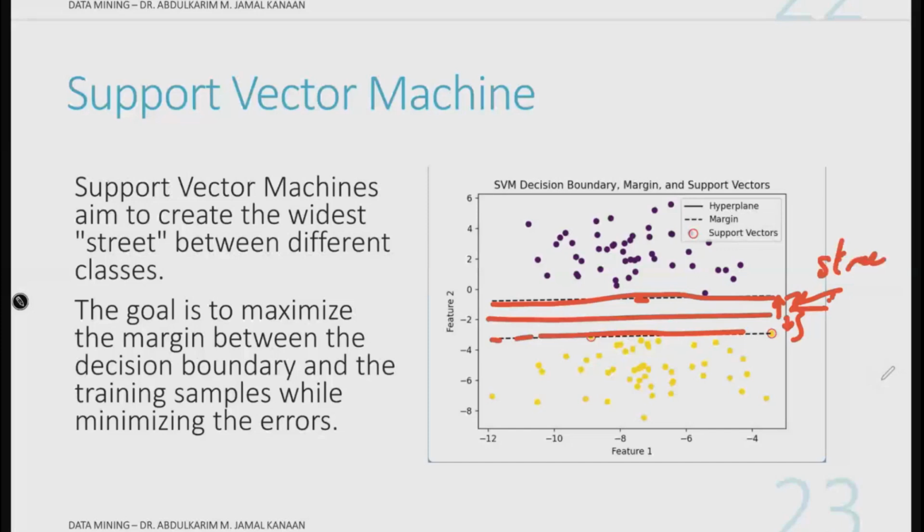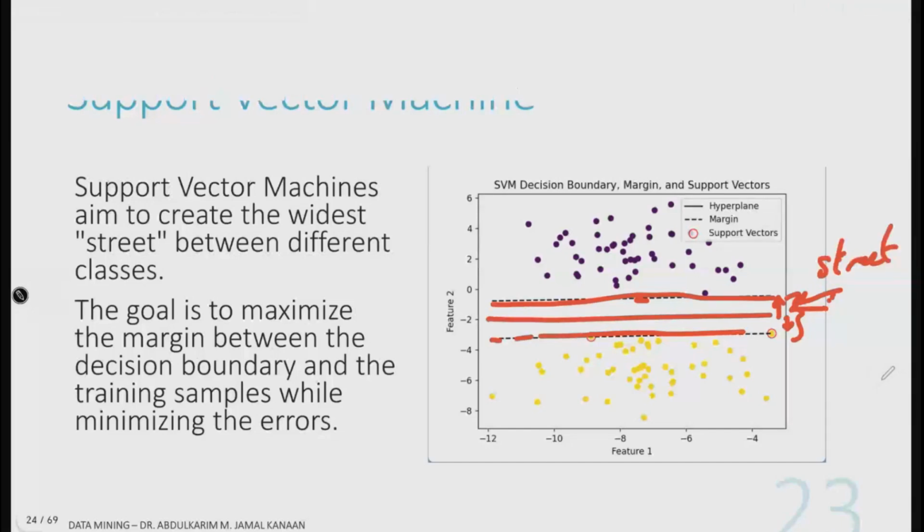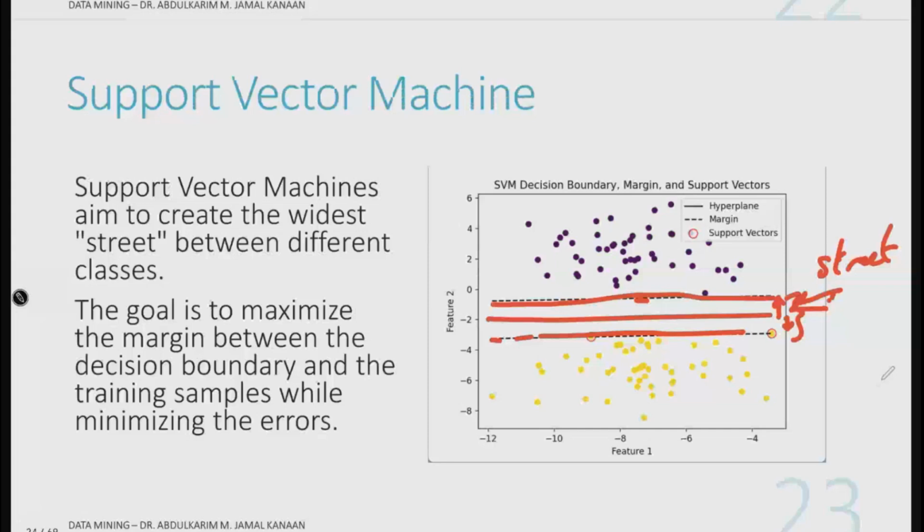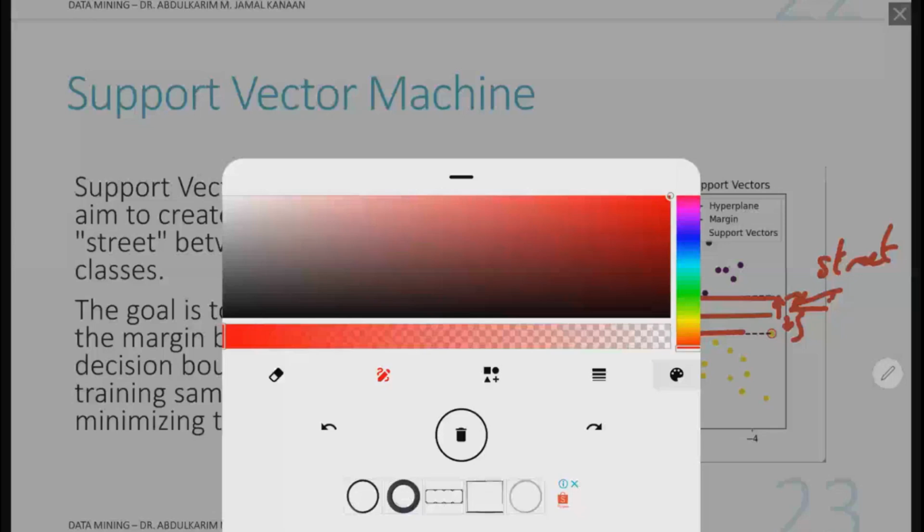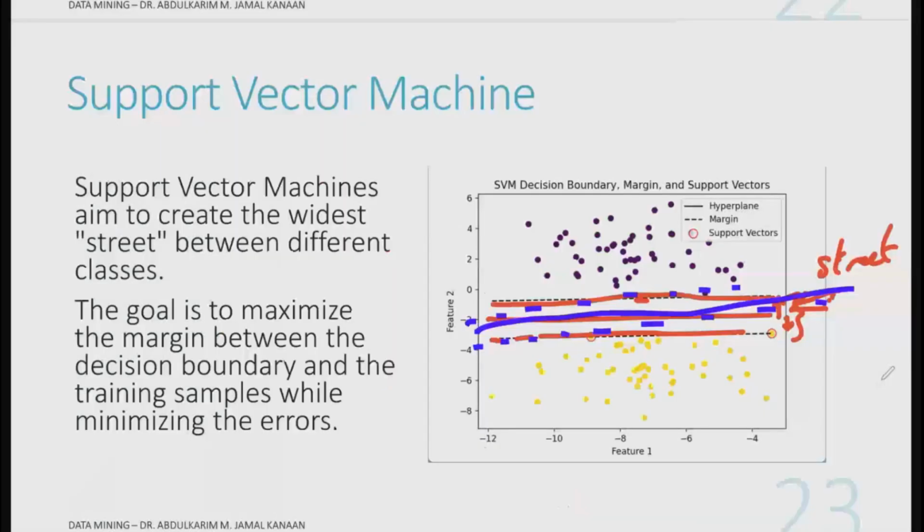Why am I saying widest margin? Because maybe someone would say, sir, we may have other cases. You may have another example where this is our decision boundary, and this is our margin. Yeah, that's true, this is another solution.